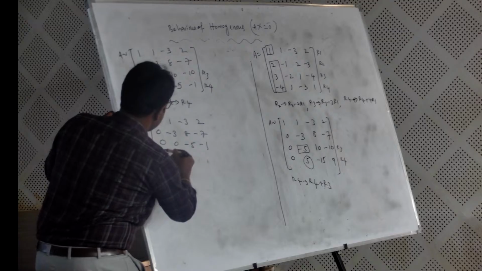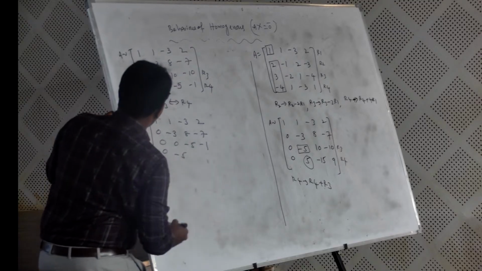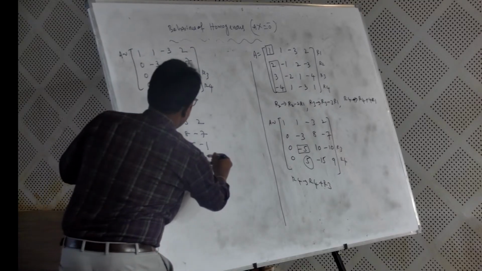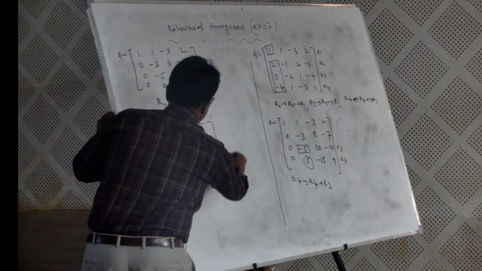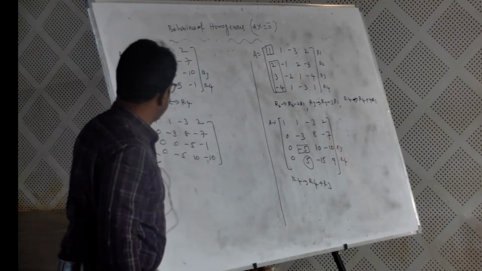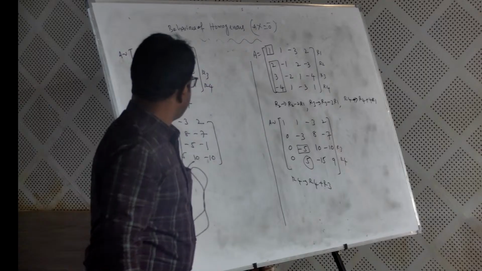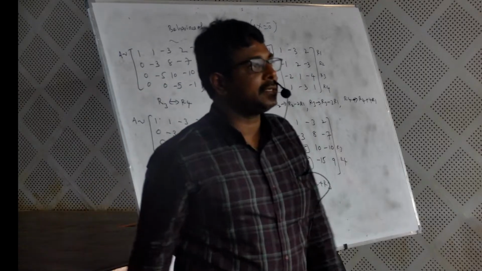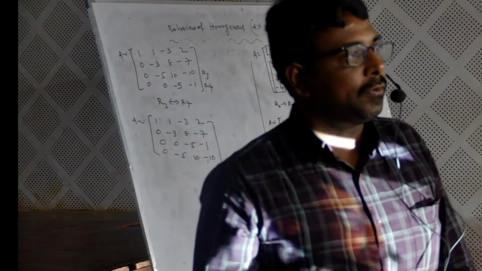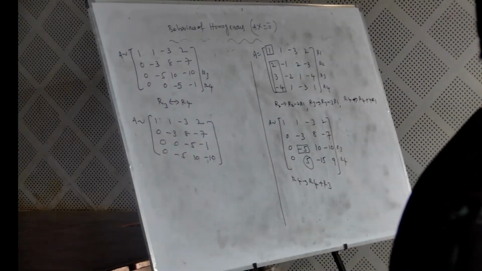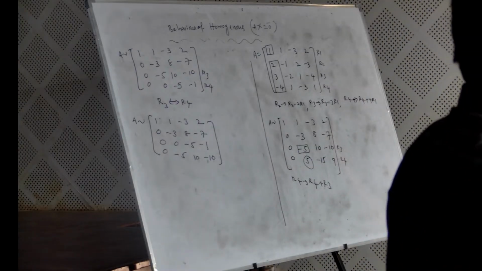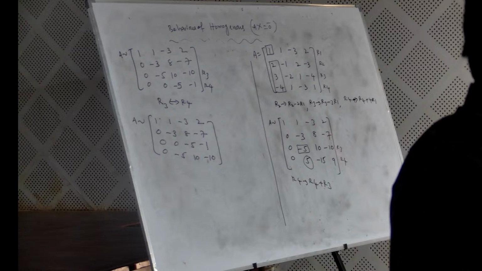Next, minus 5, 10, minus 10. The first three rows are in perfect condition, right? Satisfying the echelon form. First three rows are in which form? We have to concentrate on which row? Fourth row.